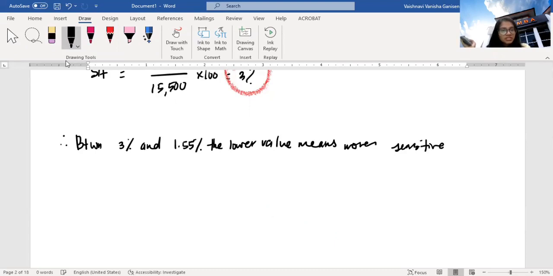Okay, so in this one, the most sensitive variable, okay, so the conclusion, maybe I don't write it like this.